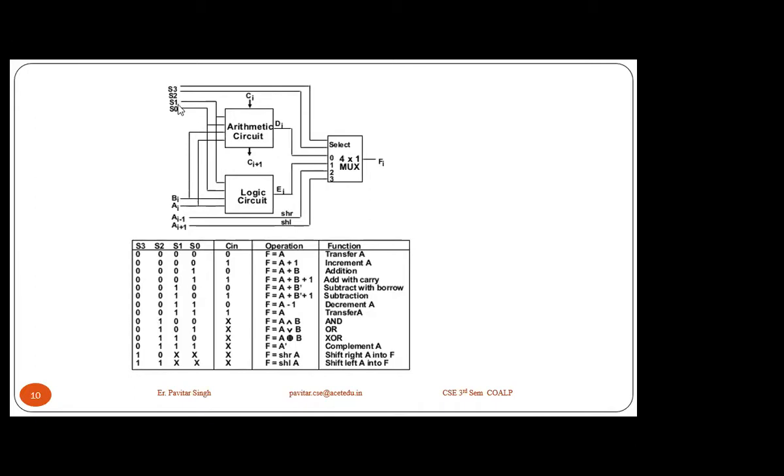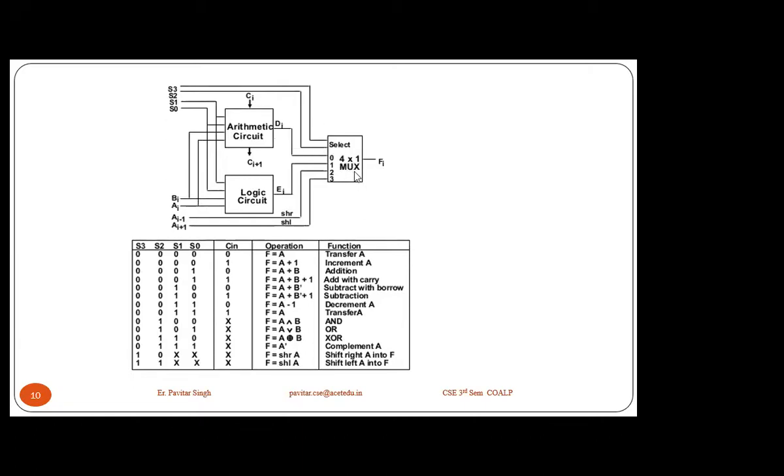So S0 and S1 have been fed into the logic circuit and the arithmetic circuit, right? Because S0 and S1 are basically used to select the particular micro operation. Similarly, S2 and S3 are basically used to select the data in the multiplexers. That is why S2 and S3 are connected to the MUX.